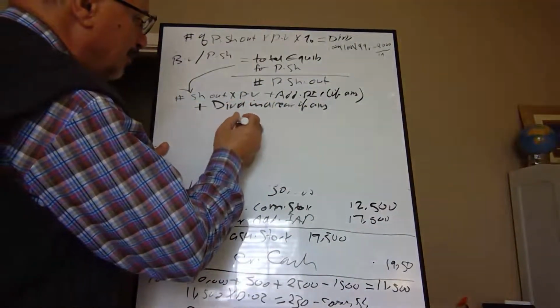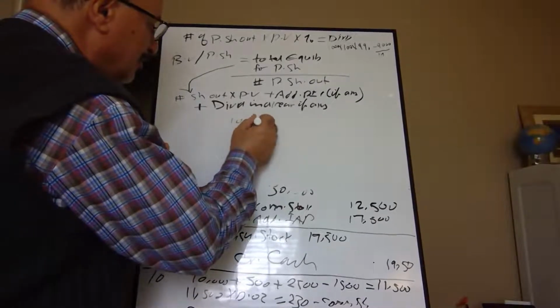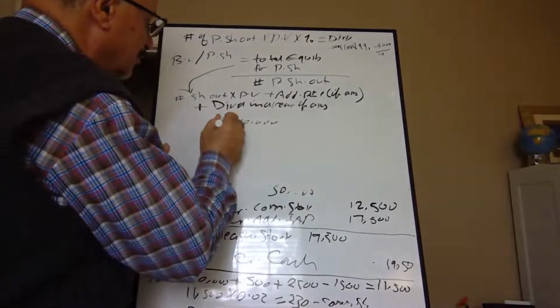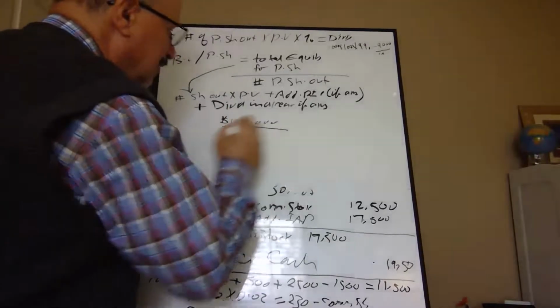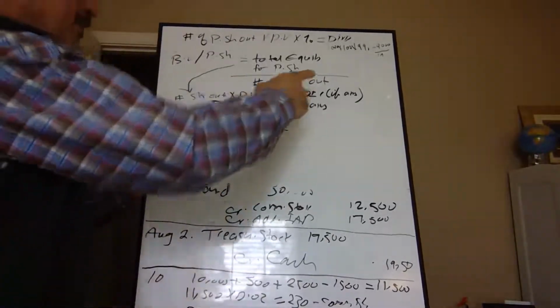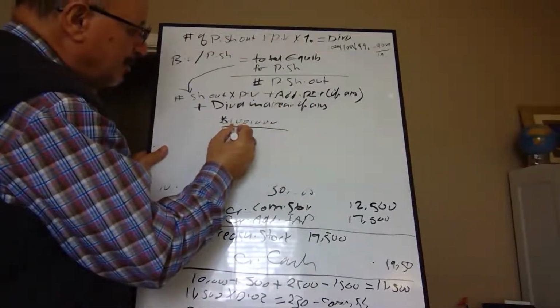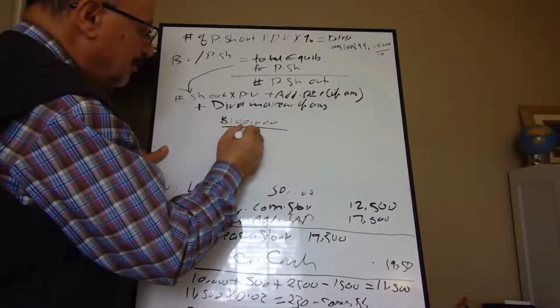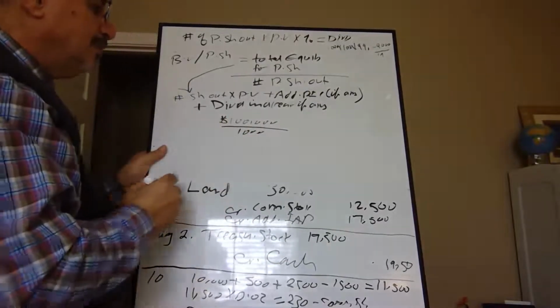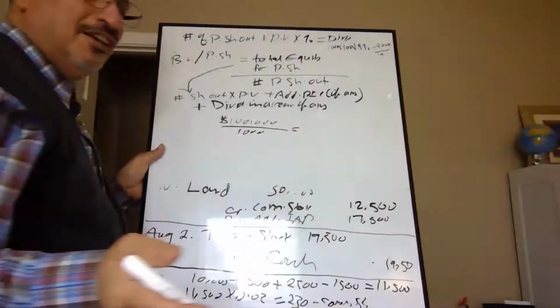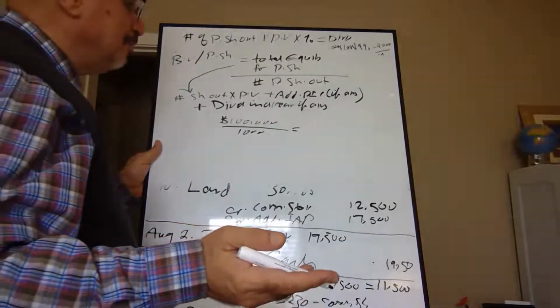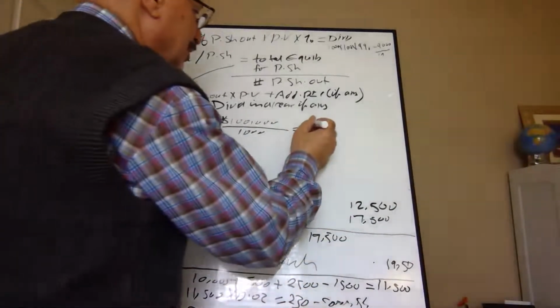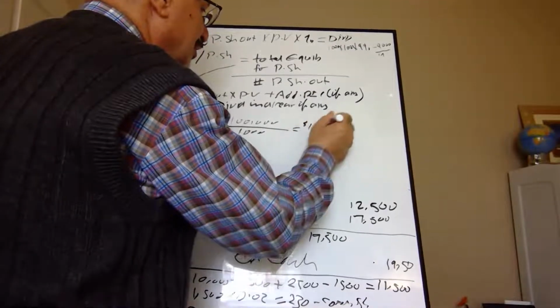So their equity is 1,000 times 100, which is $100,000, divided by the number of preferred shares outstanding, which is 1,000. Okay, so their book value is $100 per share.